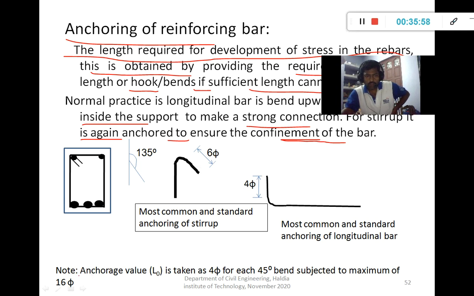Now, when the bar is anchored, the development length is also increased.